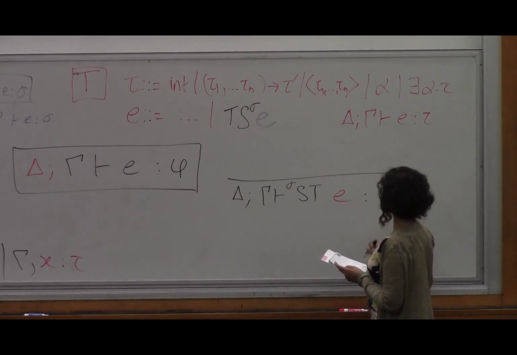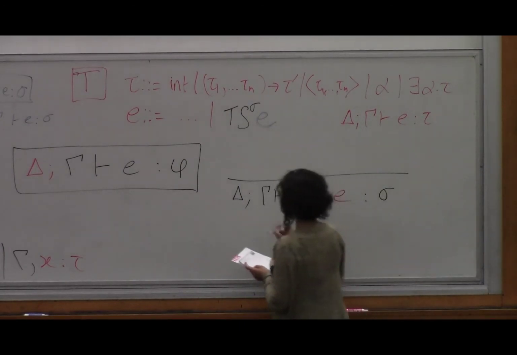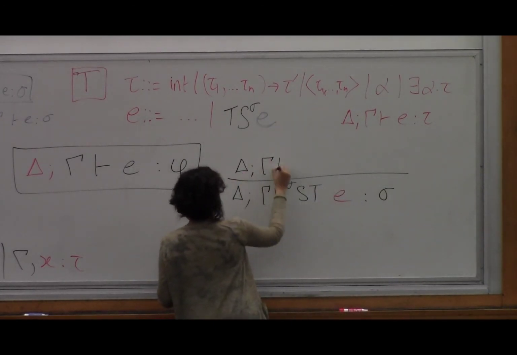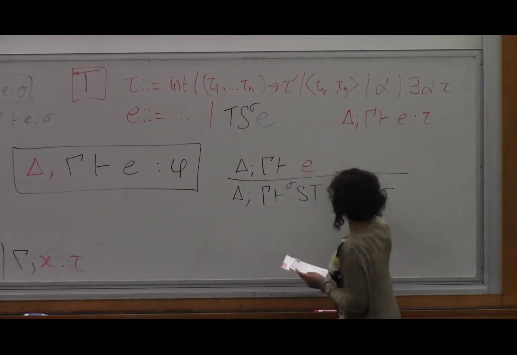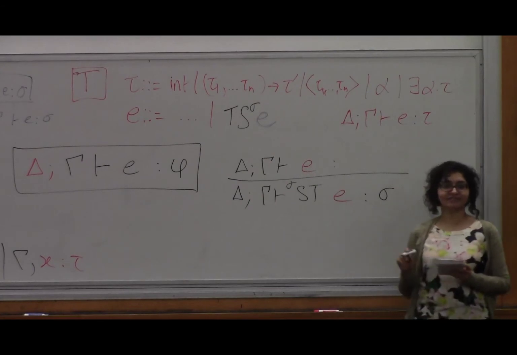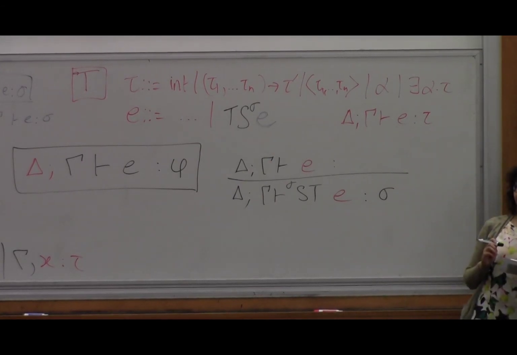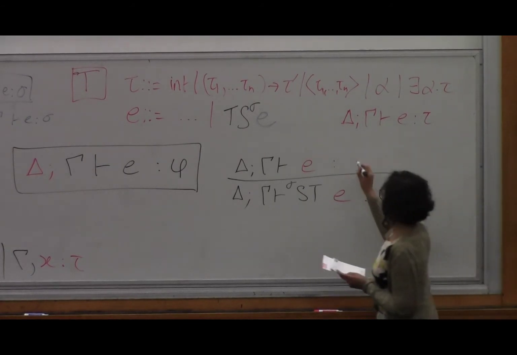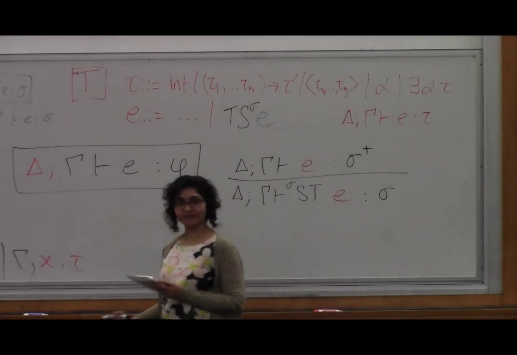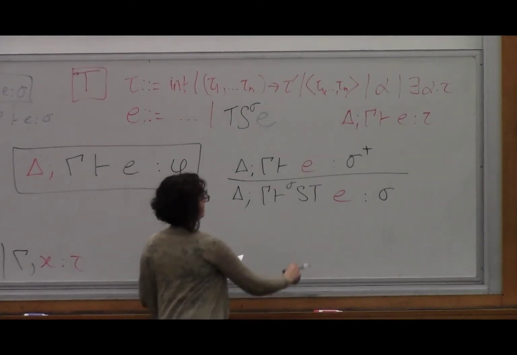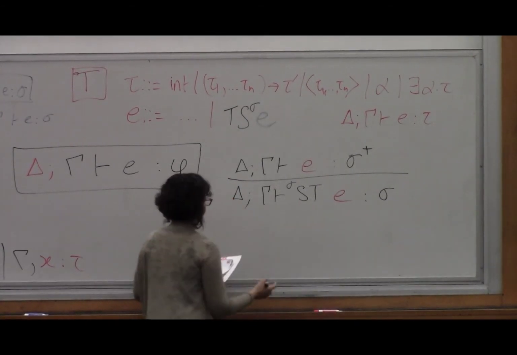Well, that thing has blue type sigma if under delta gamma my red E has, you can tell me what it has because I've already said it. What type does it have? Sigma plus. The translation type. Remember I said boundaries mediate between a type and its translation.